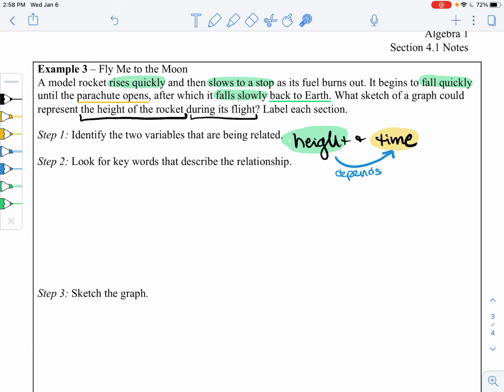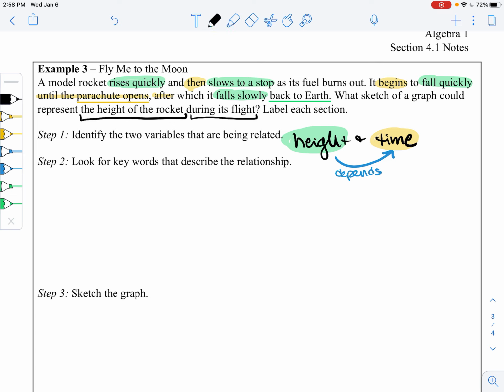So I already have some words about height. I'm just going to look at some time words real quick. So rises quickly and then slows to a stop and then falls quickly until the parachute opens. After it does that. Okay, yeah, cool. There we go. So now let's look at them.